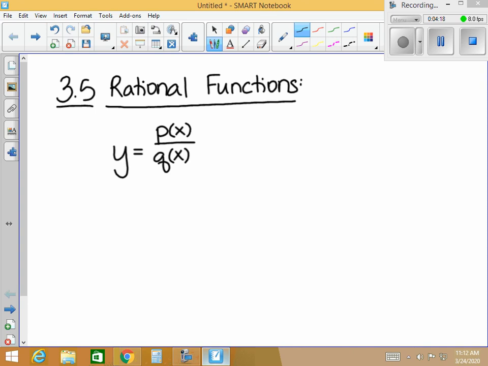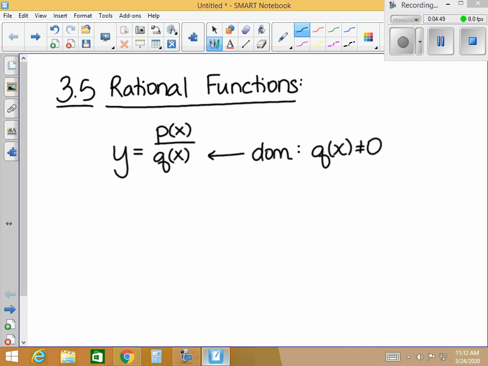We know that the domain of this function is going to be any real number except for the values of x that make us divide by 0. It's all the values of x so that q of x is not equal to 0.